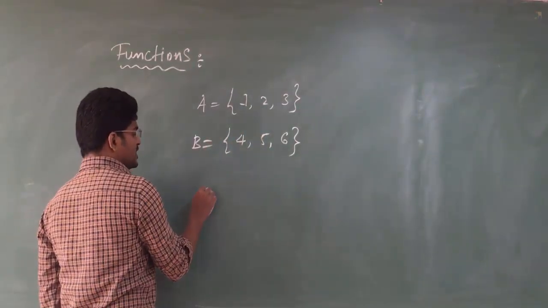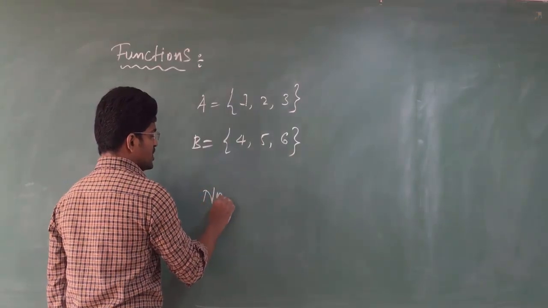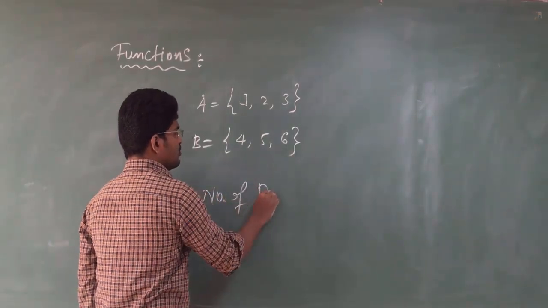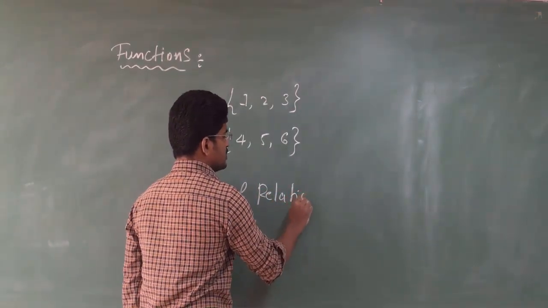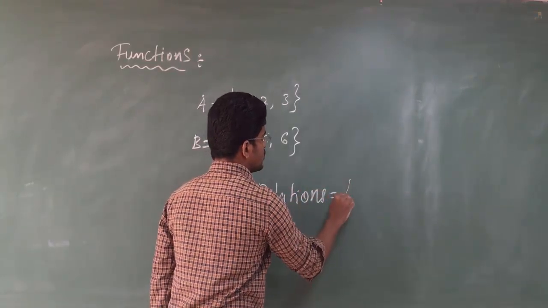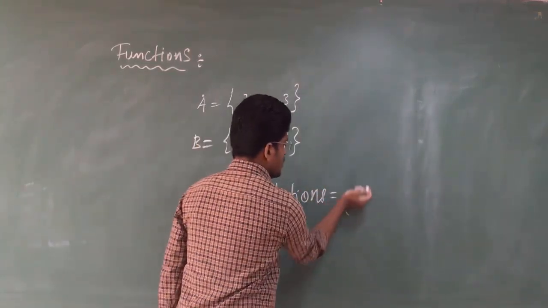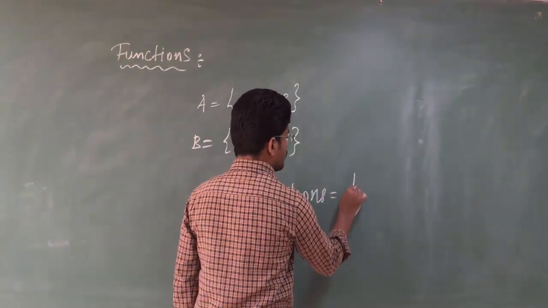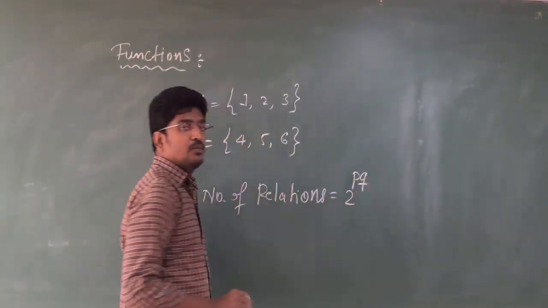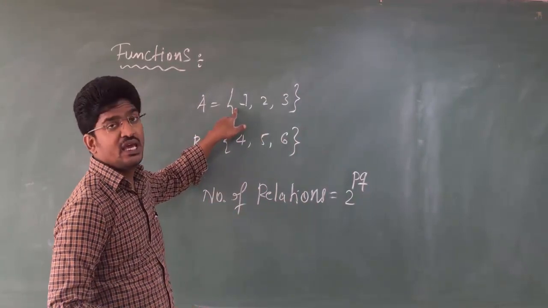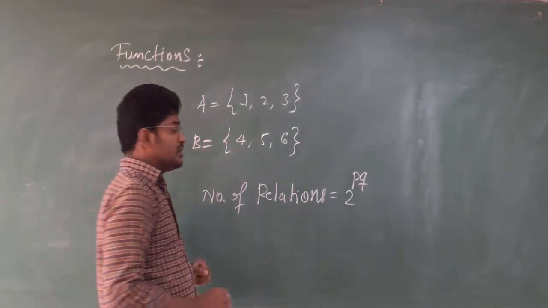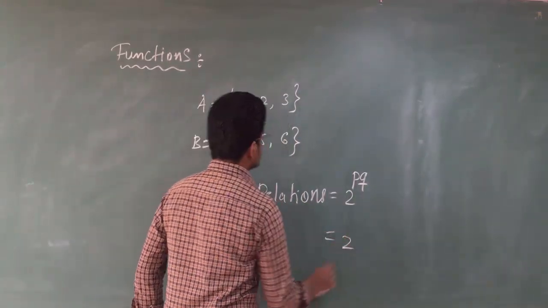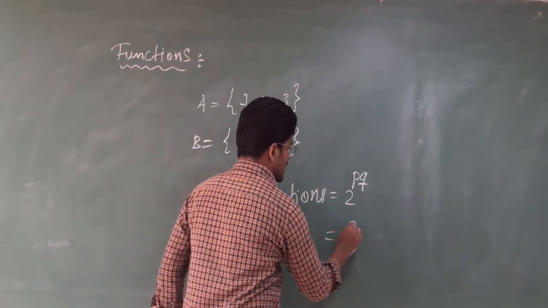If I calculate the number of relations, how can you count it? It is 2 to the power of PQ, where P is the number of elements in A and Q is the number of elements in B. So 2 to the power of 3 into 3, which is 9.